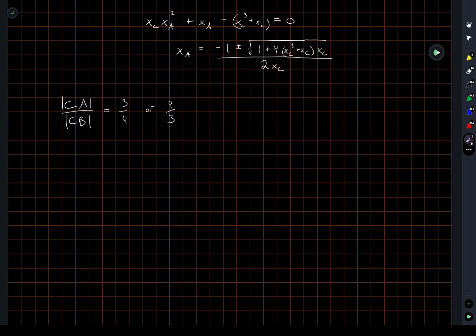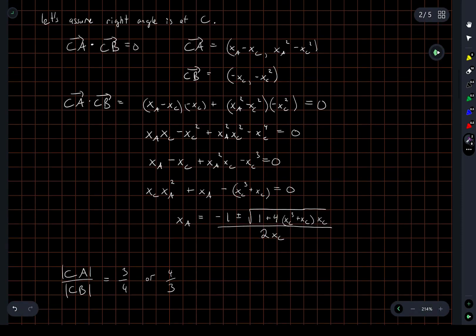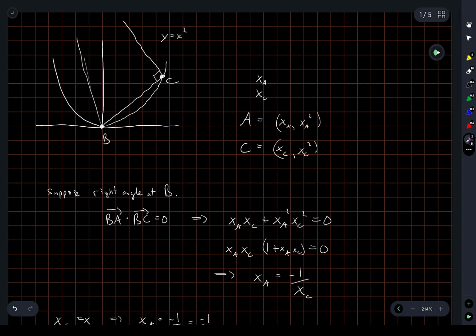I'm not sure. And it's possible also that, it would not shock me at all that one of these two fractions won't have a solution. I'm not certain about that, just based on looking at the geometry here.